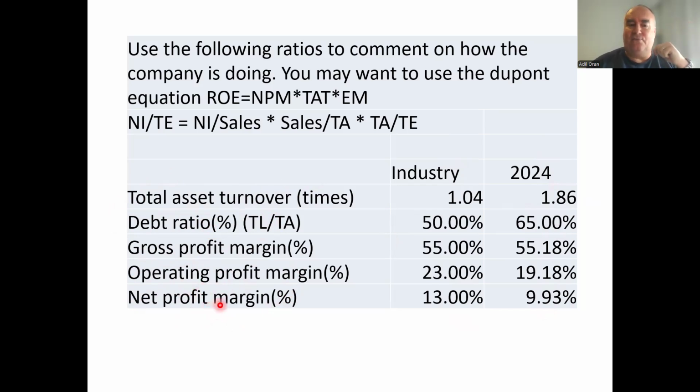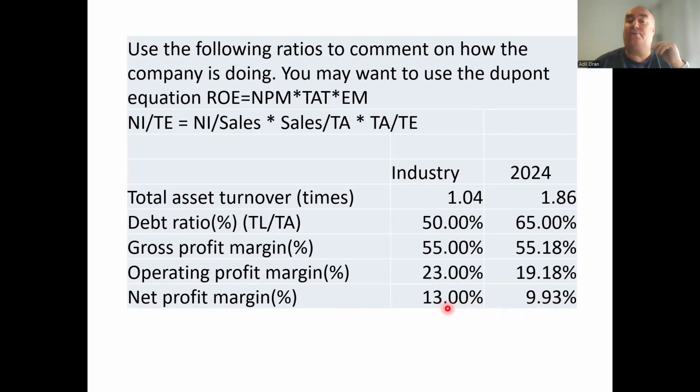But as I stated before, I'm interested not in just what is the difference in net profit margin between the companies. And we can see here that there's a pretty big difference between the industry and company net profit margin. The company is at a distinct disadvantage.